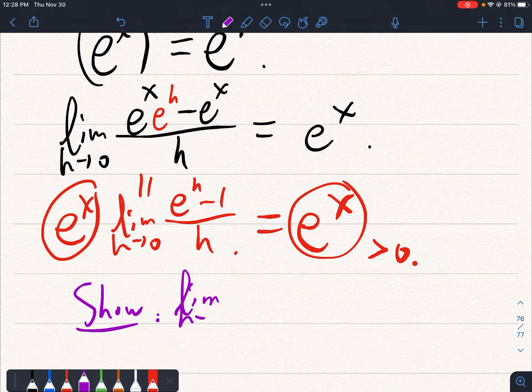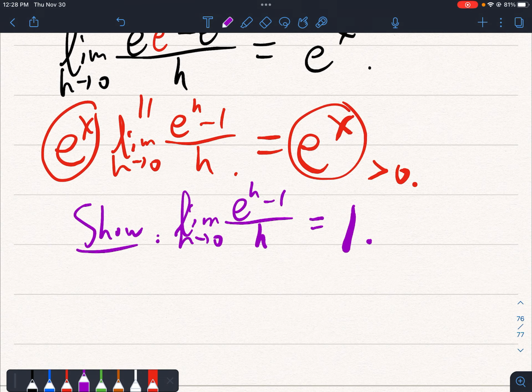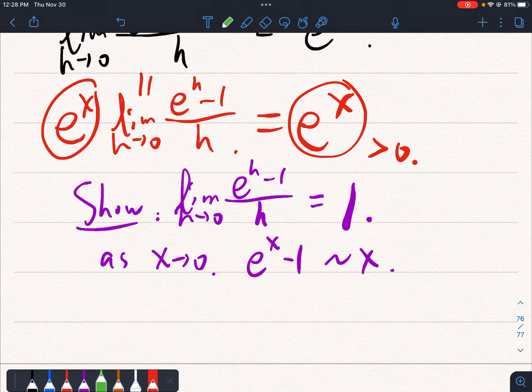So in order to prove that this is correct, all you need to show is that the limit as h goes to 0 of e to the h minus 1 over h is equal to 1. And this is very important. So this basically says that, let me put this variable into x, as x approaches 0, e to the x minus 1 is approximately x.